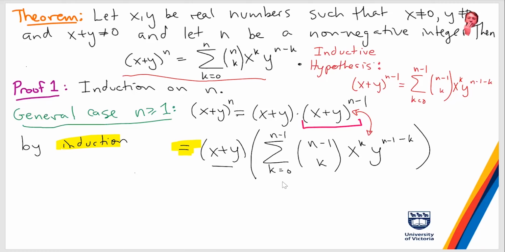Okay, so now what we've got here is a product of two different polynomial things, right? We have x plus y times this big sum. When I was in high school, they called it FOIL, first outside, inside last. I never really understood what they were talking about.